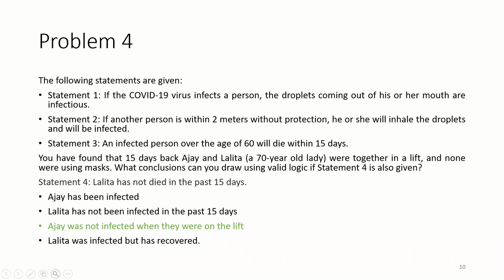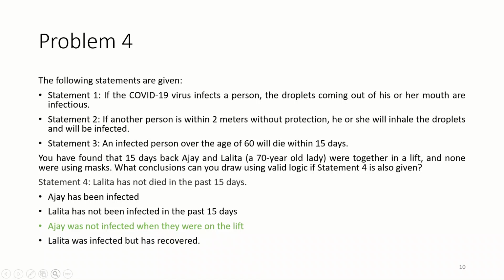Actually, the 15 days are counted from when Ajay and Lalita were in the lift. Within 15 days, she may get infected from somewhere else. That's why it is not the right answer.